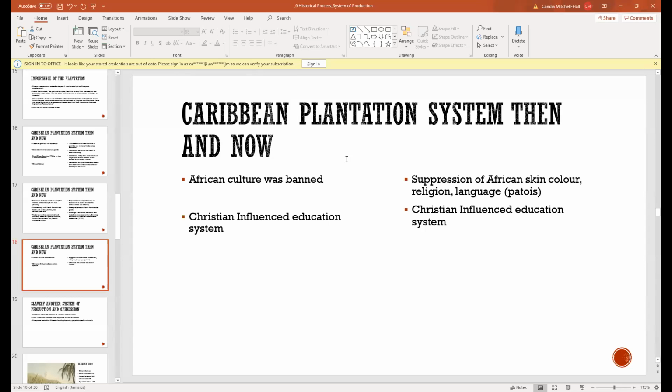So the African culture was banned, and any form of education given to the enslaved was a Christian-based education. They used the Bible and taught them the Bible. So we know for sure that these were some of the features of the Caribbean slave plantation.